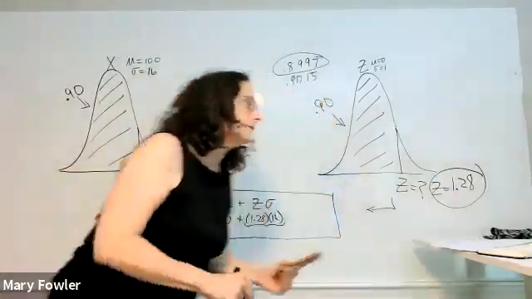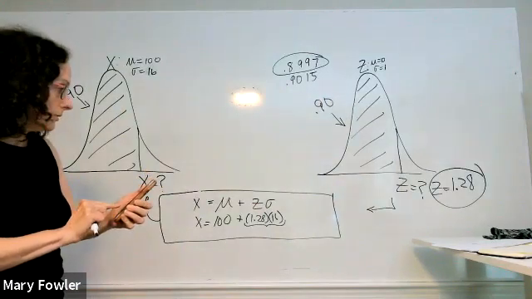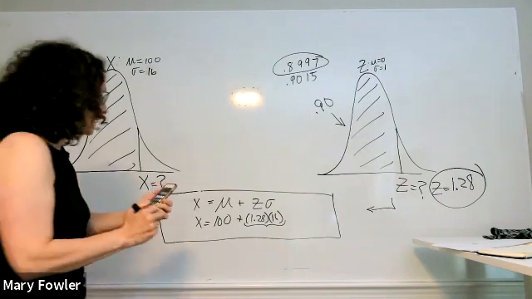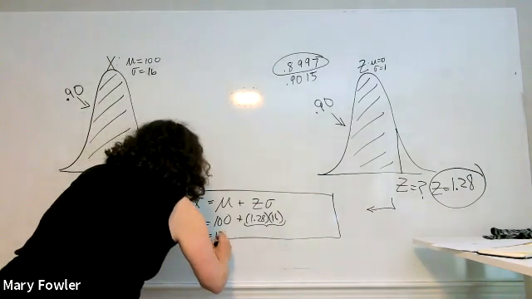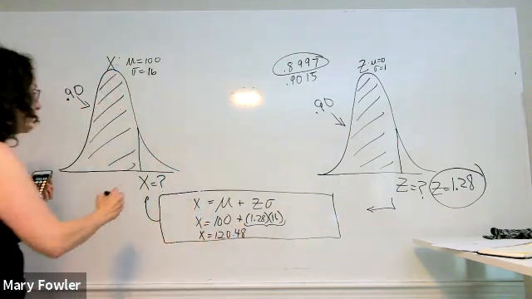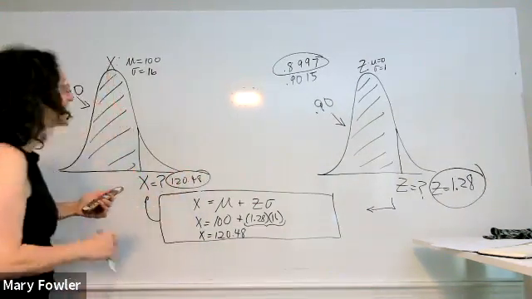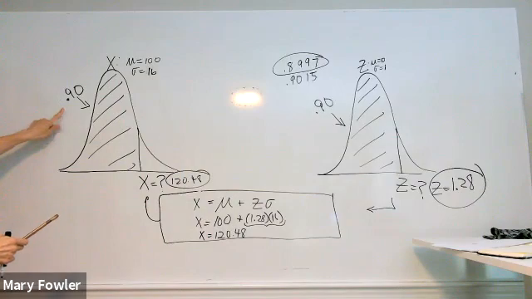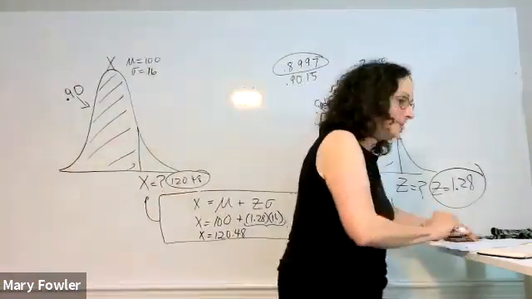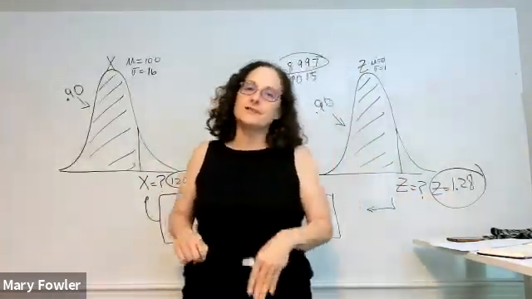Please work on your calculators. I'm getting 120.48. So 120.48 is the 90th percentile of the IQ distribution. Maybe we'll do another problem like that in class, but that's it for the video now.